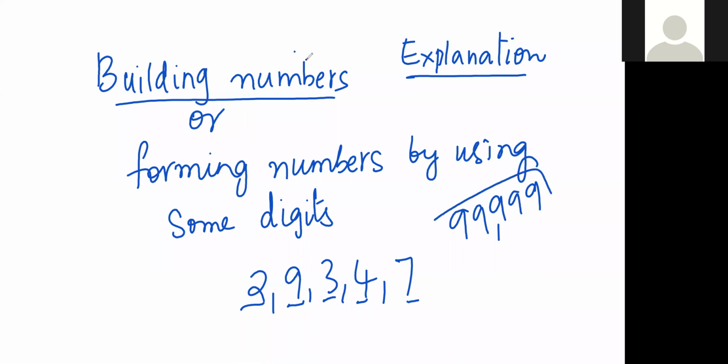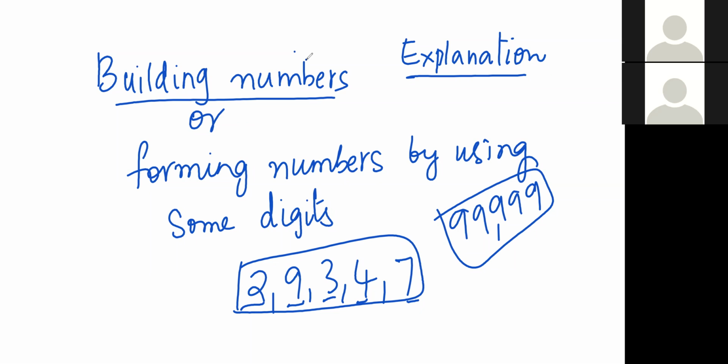But I am not asking about the greatest 5-digit number. I am saying here by using these digits we have to form the greatest 5-digit number, by using these digits only. Let us form now.